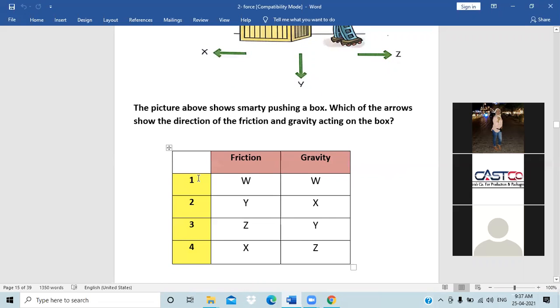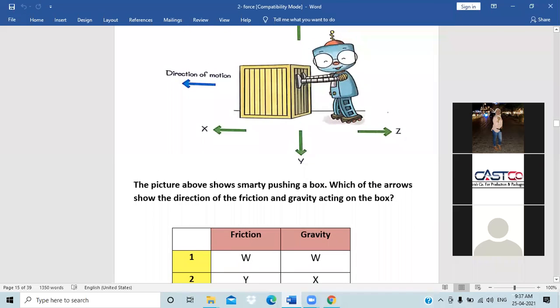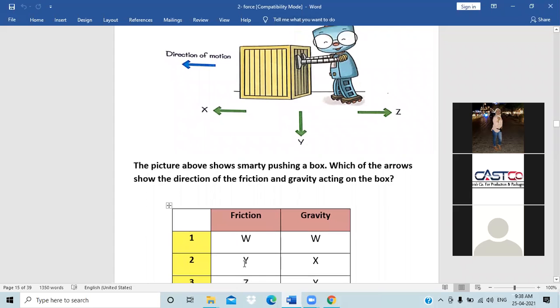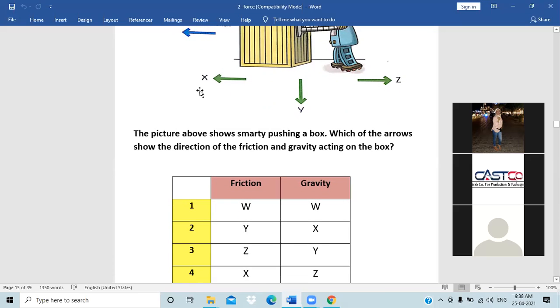Number one, they suggest that the friction is arrow W and the gravity is also arrow W. In number two, the friction is arrow Y and the gravity is arrow X. In choice number three, the friction is arrow Z and the gravity is arrow Y. And the last one, number four, the friction is arrow X and the gravity is arrow Z.